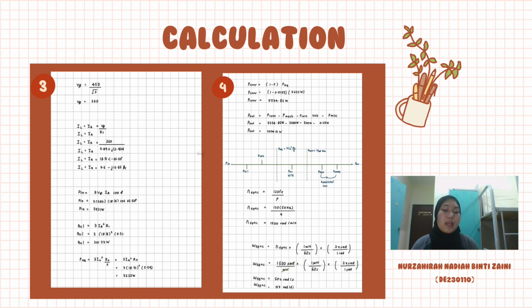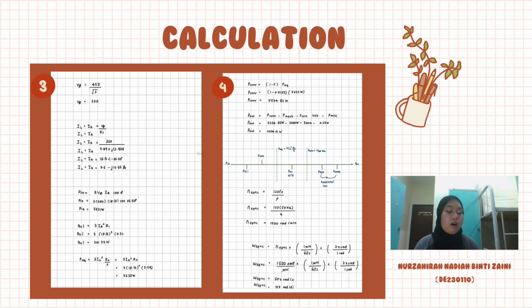Next, we need to find the N sync. The formula of N synchronous is 120 multiply frequency divide poles. So we get the value of N sync is 1500 rpm. So next we need to find the W sync.